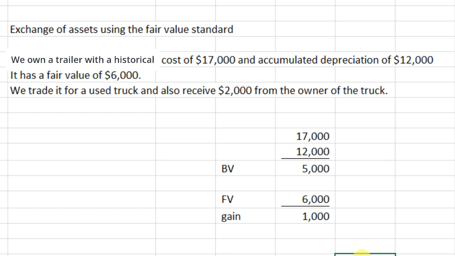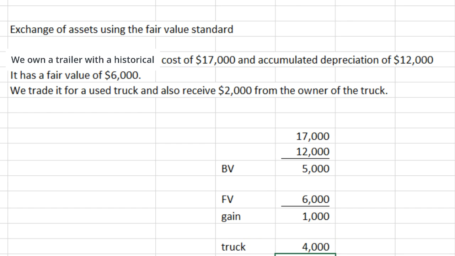It's not worth a lot because we gave them $6,000, but they gave us $2,000. So really, we gave up a total of $4,000. The $6,000 trailer less the cash we received. So the value of the truck, when we build this journal entry, is going to be a $4,000 truck.